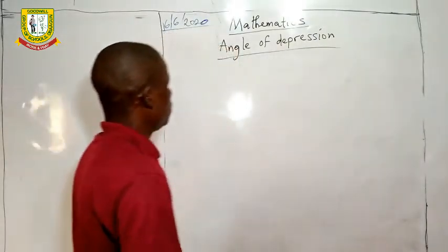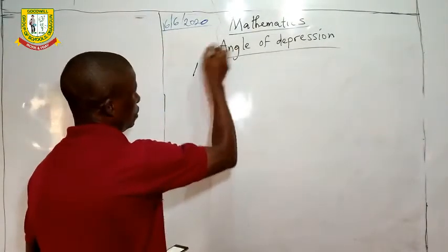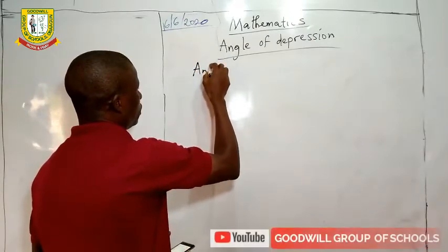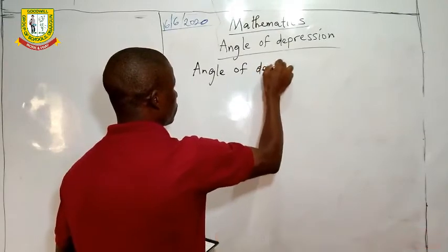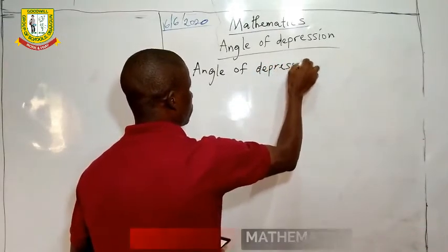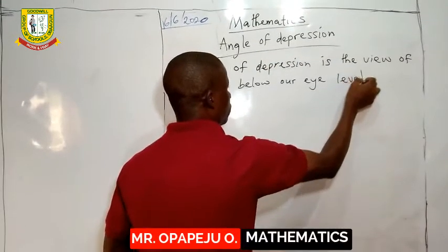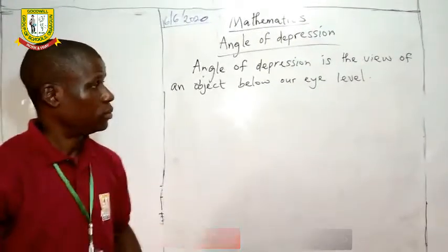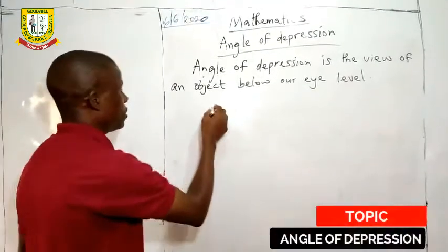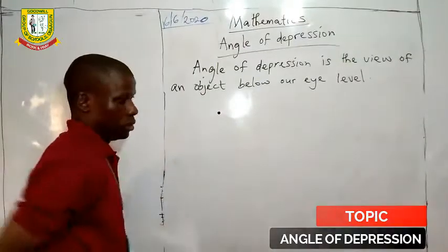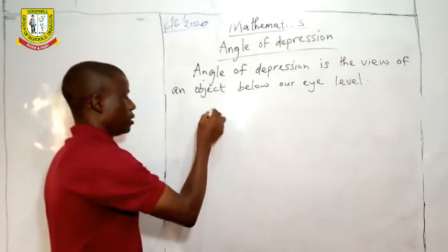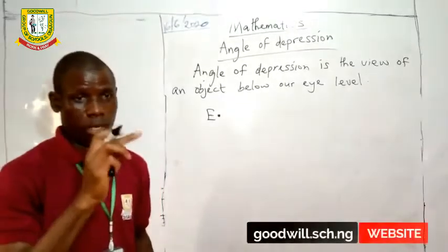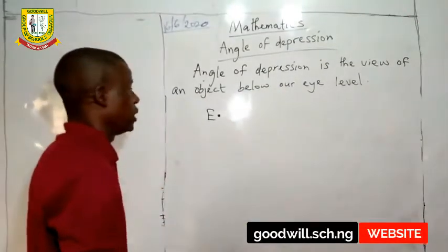Now, let me just put that on the board, represented as, making use of this diagram here, that point is representing our eye level. That is the level of your eye now.